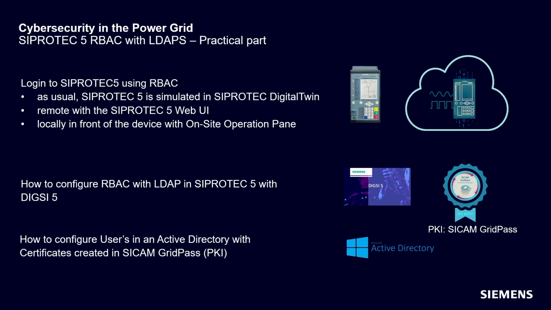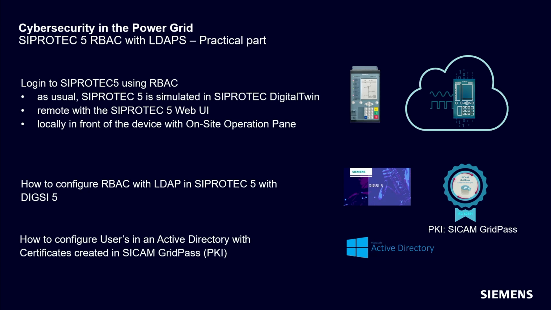For the demo, we use SIPROTEC 5 simulated in the digital twin. Users are managed centrally within a Microsoft Active Directory using the secure protocol LDAP-S. I will first show you how to log into the device via the web UI remotely and then locally in front of the device with an on-site operation panel.